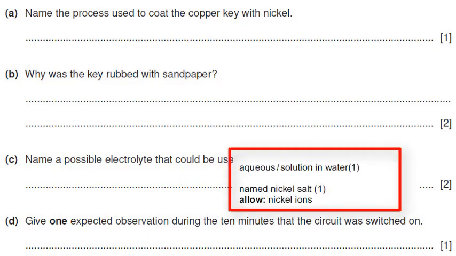For sure, we have two main conditions for this electrolyte. This electrolyte should be an aqueous solution and should be soluble in this aqueous solution. So any solution that contains nickel salts or nickel ions in presence of water is considered as good electrolyte for electroplating.